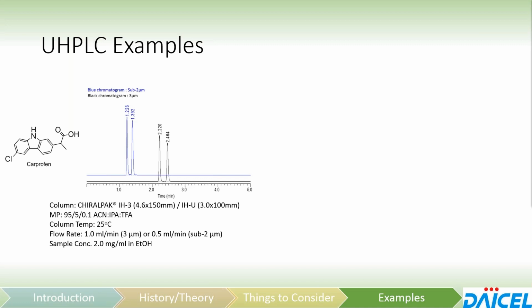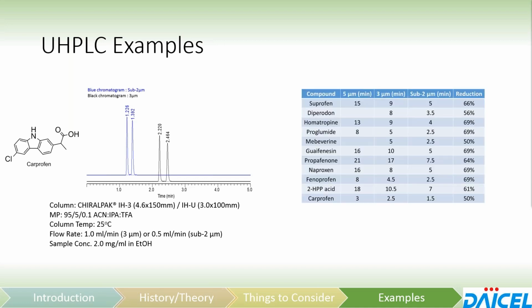You've got your pi-pi stacking, your dipole-dipole, and things like that. But if you were to look at your savings, comparing kind of the older 5 micron methods and your 3 micron and then your sub 2, moving from your 5 micron down to your sub 2, you're getting across the board here at least 50% reduction in analysis time, in usage of solvents, and in some cases you're approaching almost 70%.